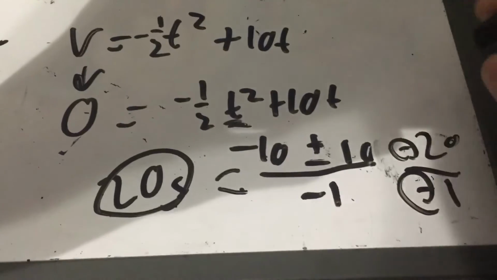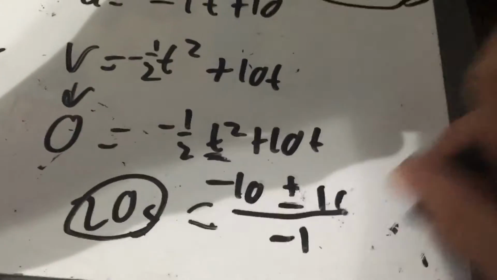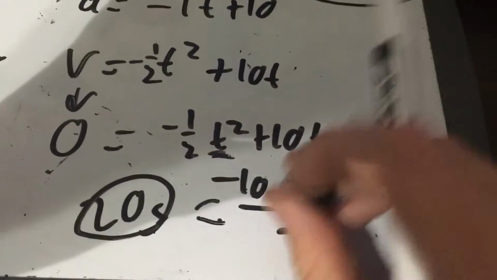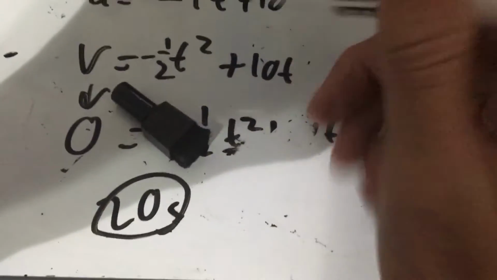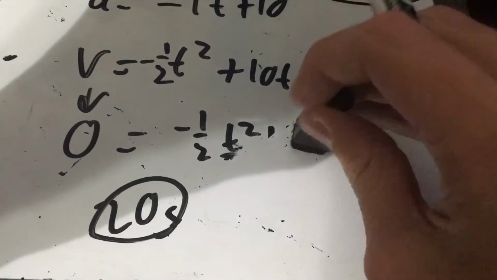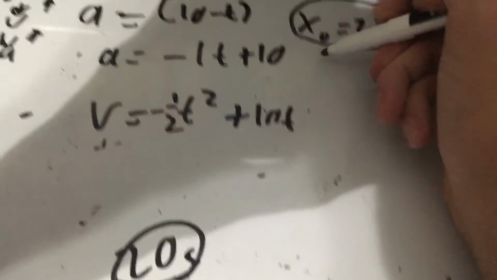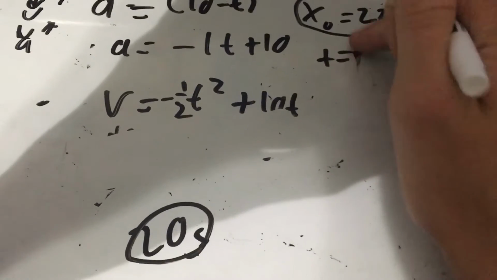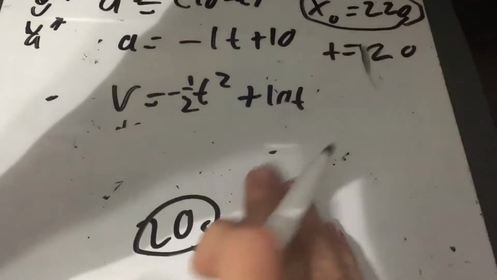To find part B, we have to plug it back in, except it wants to know what the particle's position is. So we have to figure out what the total displacement is after 20 seconds. Okay, so we have our velocity function, and we know that t equals 20.